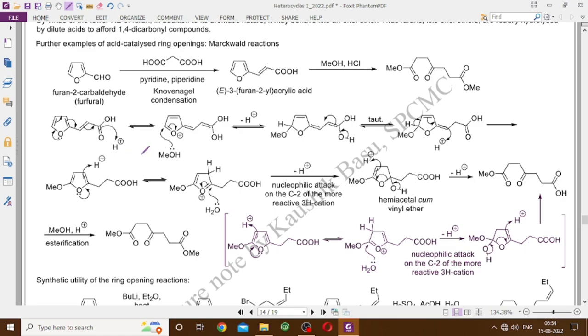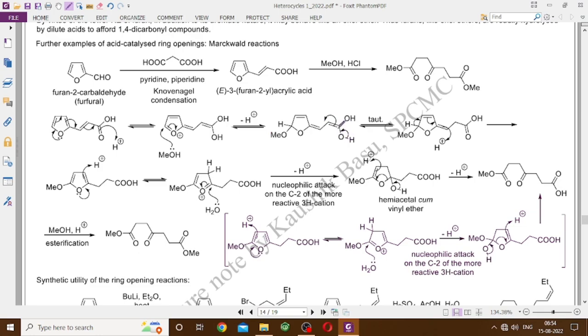So the reaction mechanism is decidedly complex. The very first thing that happens is protonation at this carbonyl oxygen of the carboxylic acid, and that is assisted by this oxygen lone pair, which in turn gives rise to an oxocarbenium ion, which is immediately quenched by the methanol. So we have an acetal linkage here, and we also have a carboxylic acid enol here.